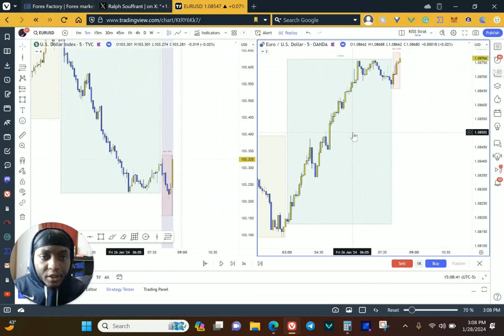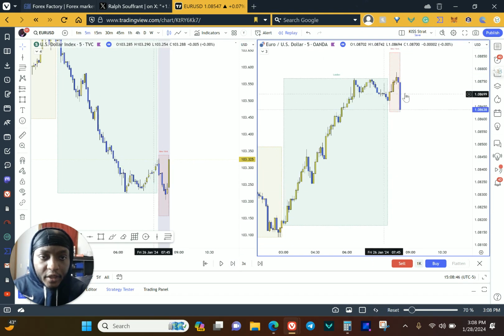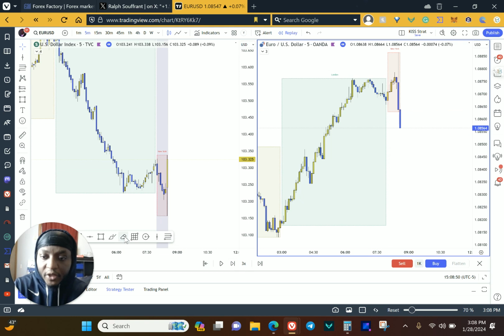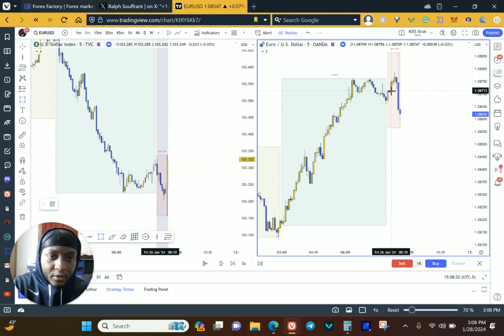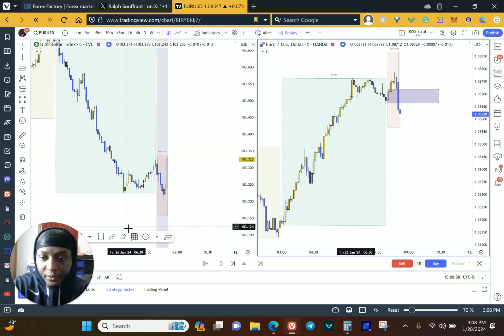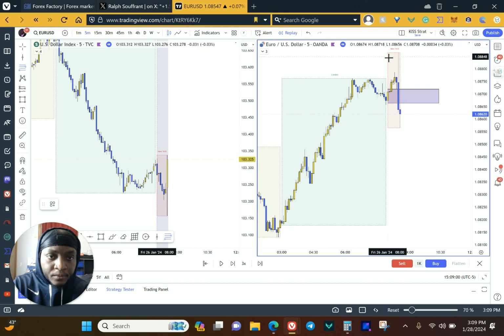Okay, so we came in a New York session, and right here, 8:30, we had that big spike, and the next candle we left behind a fair value gap right here. So I was looking for price to retest this area.